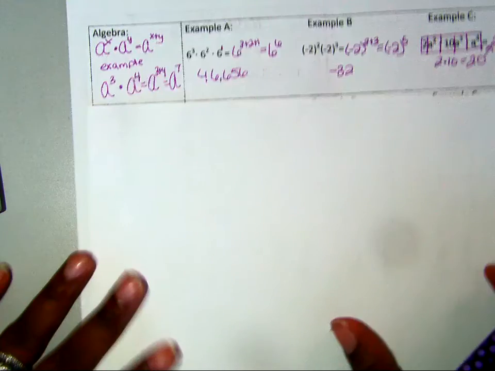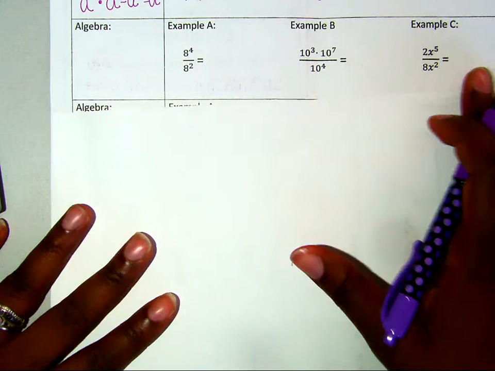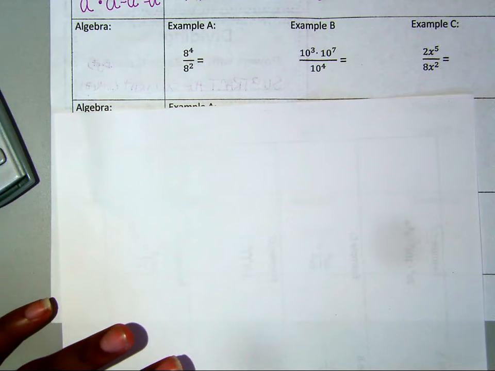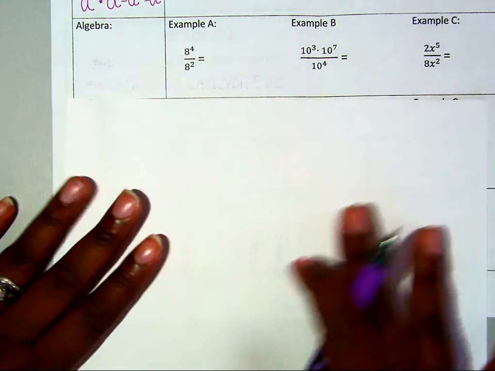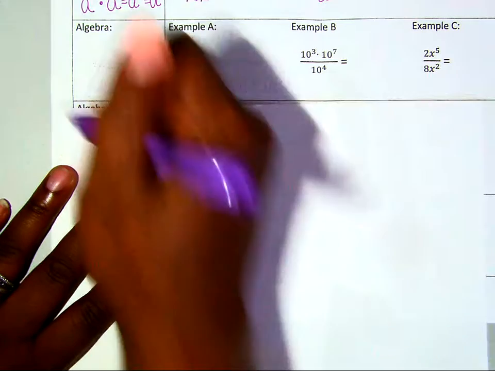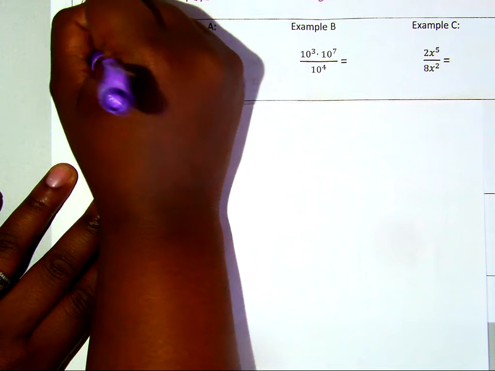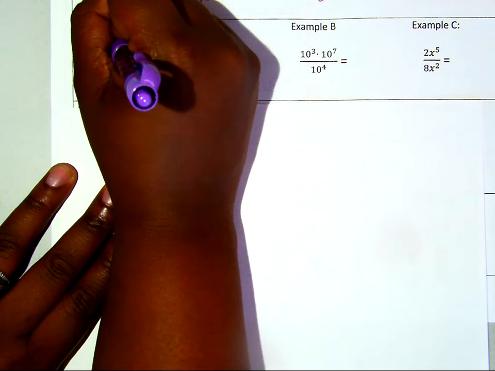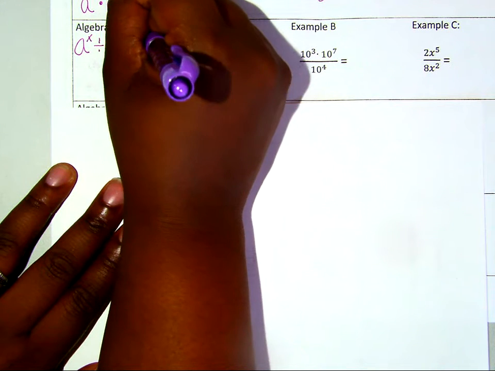All right, on to the next one. The algebra, when we are dividing exponents with the same base, is a to the x power divided by a to the y equals a to the x minus y.